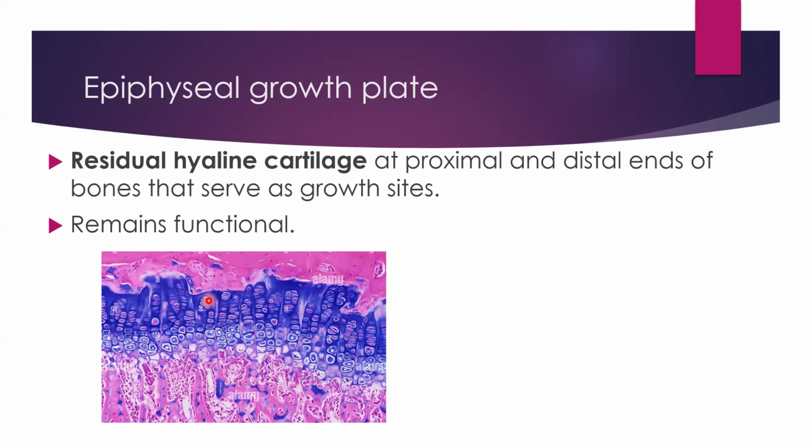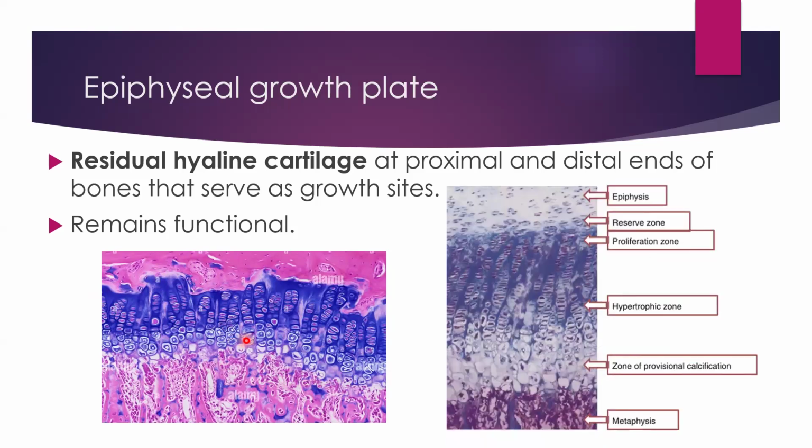We need to narrow down on this epiphyseal growth plate because ideally it has various cell layers. This is epiphysis, this is metaphysis. A point of appreciation is that it will grow from this part. So this is the reserve zone or the resting zone. Then the hyaline cartilage will undergo proliferation.